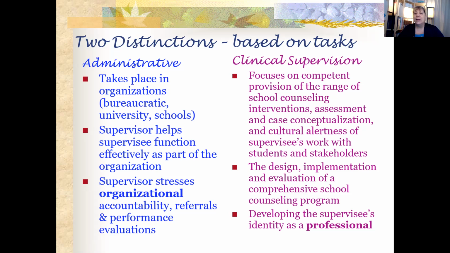They design and implement and evaluate comprehensive school counseling programs, as well as really take a look at what's happening on the clinical level and clinical skills for a supervisee. And it's about developing the supervisee's identity as a professional, as well as personal, if you remember from the definition a few minutes ago.